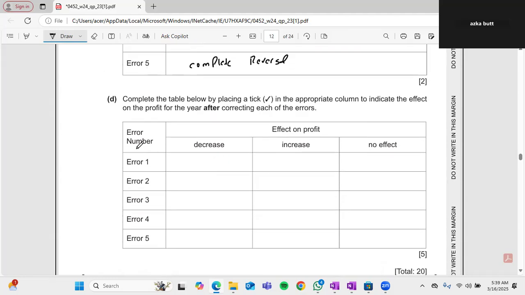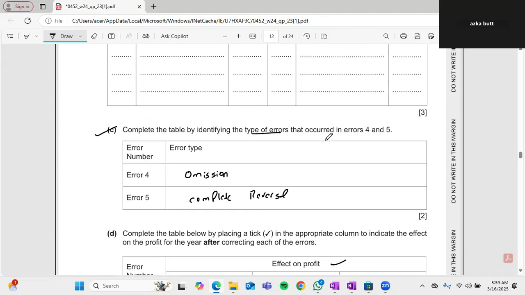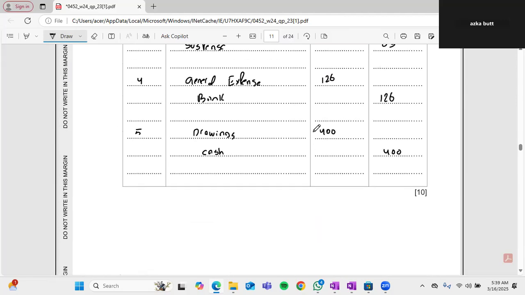Now they have given us different errors, error 1, error 2, error 3, 5, and 4. We have to see whether those errors decrease the profit, increase the profit, or maybe have no effect on the profit. Let's see the first error.